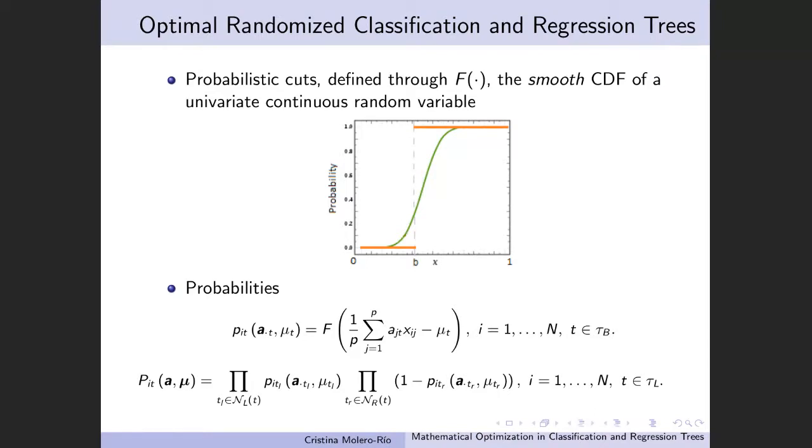Then we have capital P_it probabilities, which are the probability of individual i belonging to leaf node t, which are just the product of the previously defined probabilities.